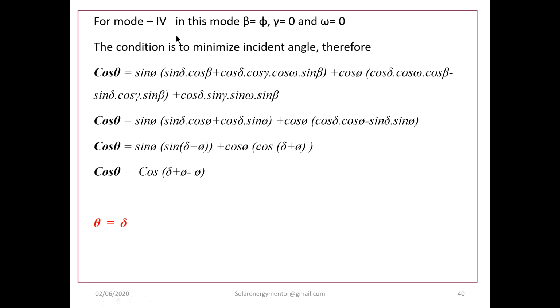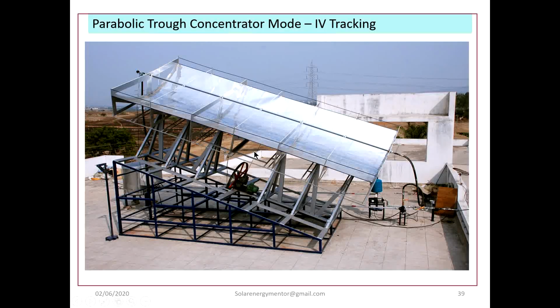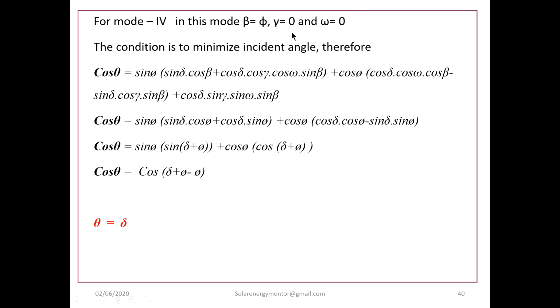So in mode 4 tracking, beta equal to phi, so the aperture inclination is equal to latitude. Gamma equal to 0, south facing, and at solar noon omega equal to 0. So the condition is to minimize the incident angle. Therefore again for cos theta, if we substitute all these values, the simplification gives cos theta equal to cos of (delta plus phi minus phi).